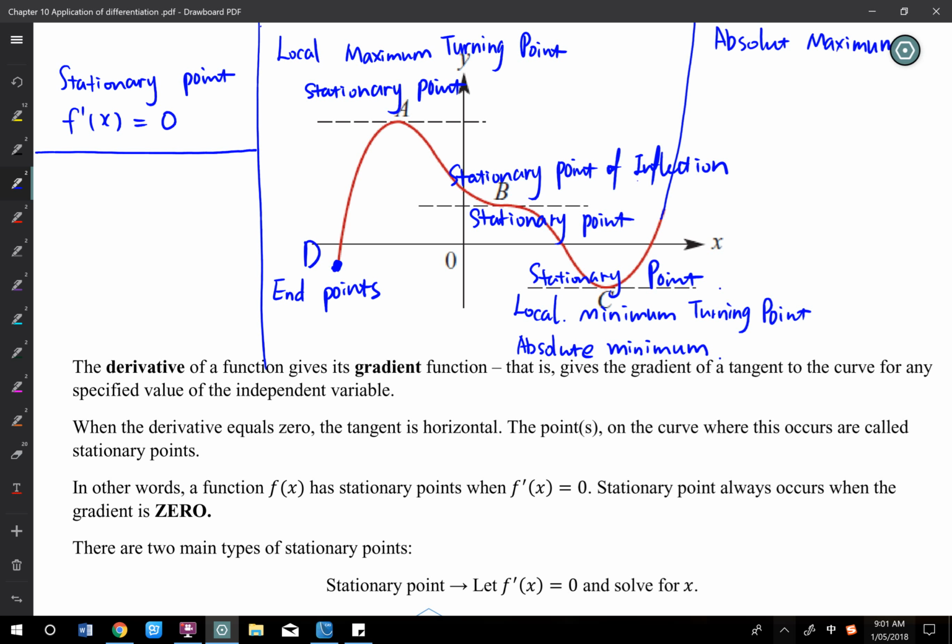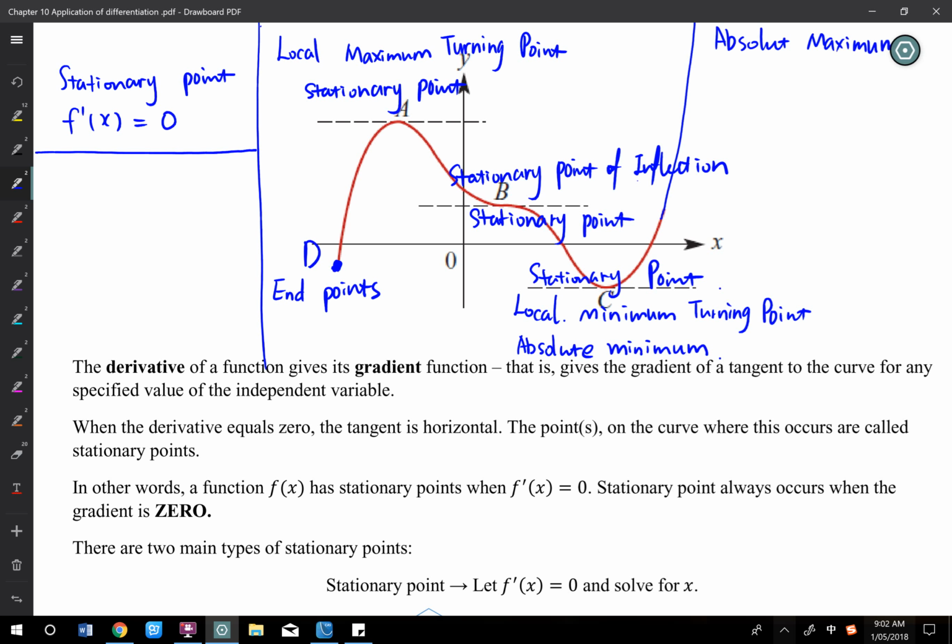Most of you, I think, already learned that in year 11. So when we solve derivative equals to 0, we have a couple of x values. Most of the time it will be 2 or even 1. But we don't know the nature. This is called the nature of the stationary points. Well, whether it's a maximum, minimum, or stationary point of inflection.